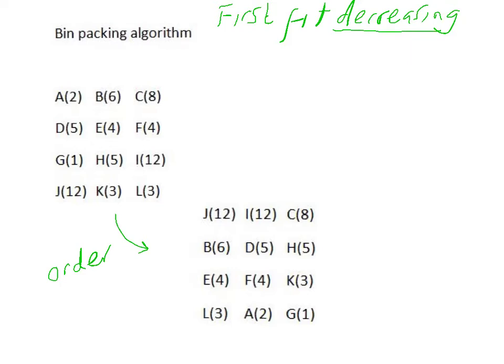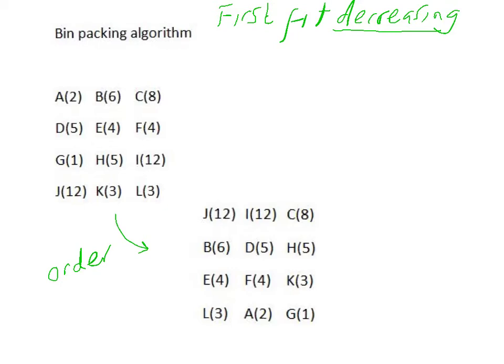So as you can see, I've taken the list and I've rewritten it, starting with the largest items, going down to the smallest items. And now we're going to do the first fit algorithm again, but we're going to do it now we've got our items in decreasing order.